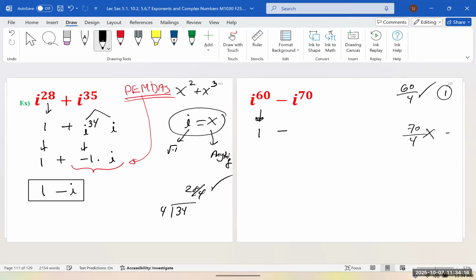No. That means the answer is negative 1. So this gives us negative 1. So we have double negative. So it's 1 plus 1. So it's 2, not 0. It's 2. So this negative is from the question.